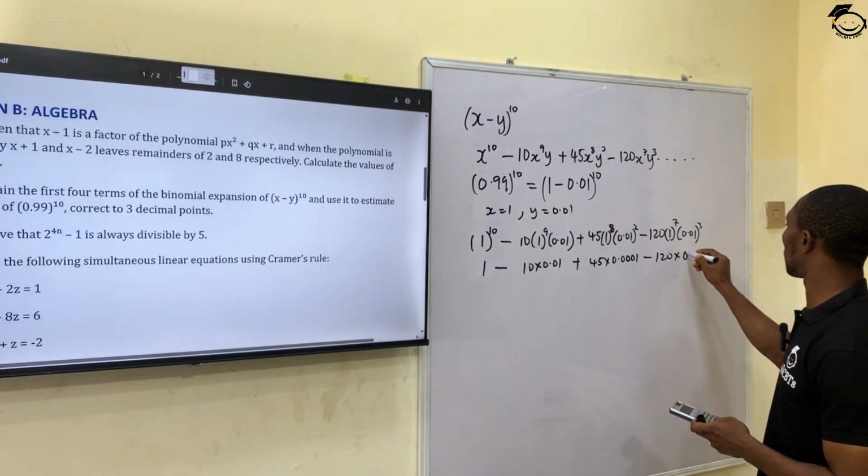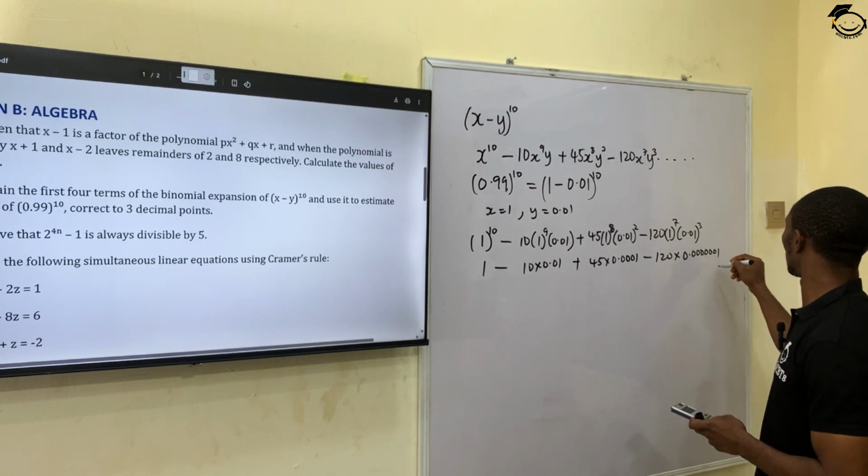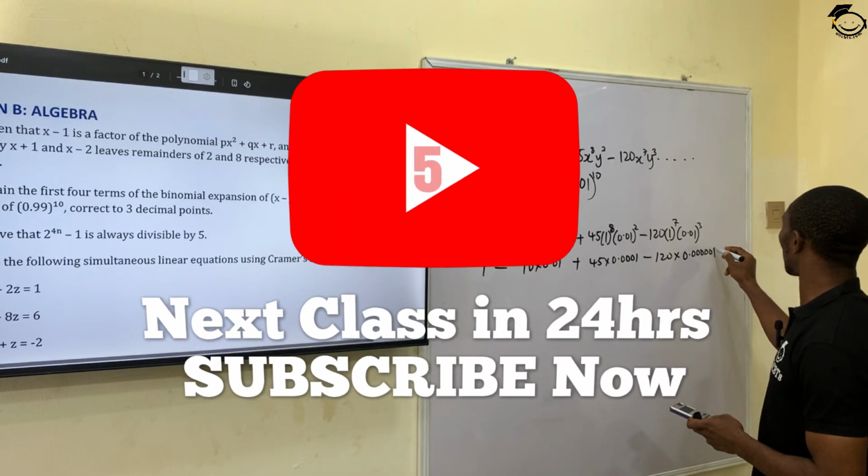That will be times 0.000001, 1, 2, 3, 4, 5, 6.